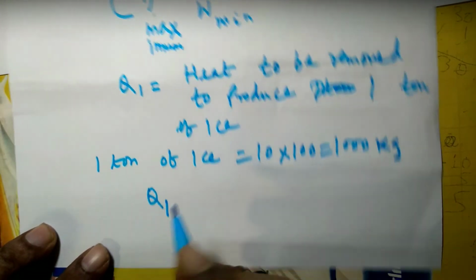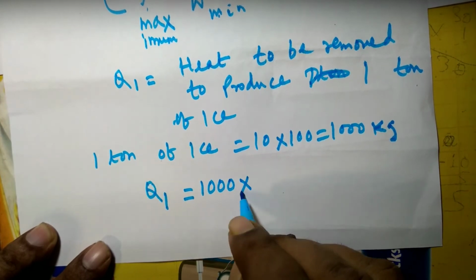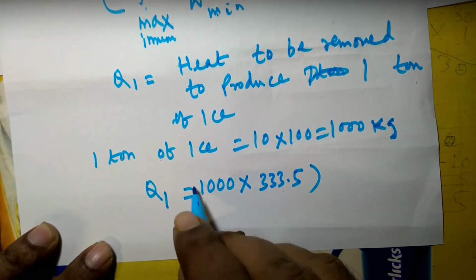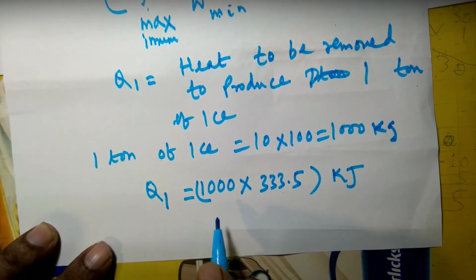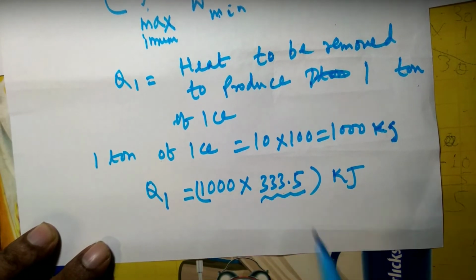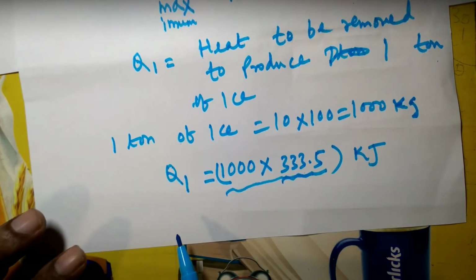Q1 is, suppose, 1000 multiplied by 333.5 kilojoule. To produce 1 kg of ice, we need to remove 333.5 kilojoule. So to produce 1 ton or 1000 kg of ice, we need to remove this much heat.